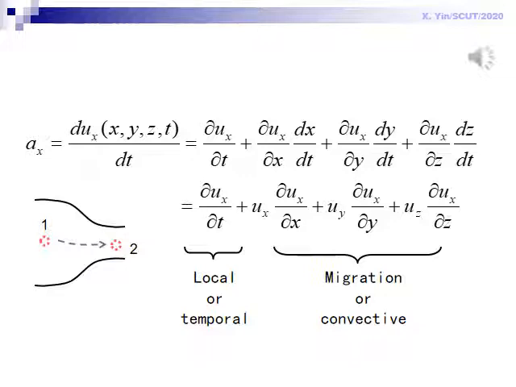They are related by the particle moving route. So, this is a derivative of a composite function, where x, y, z are functions of t. Finally, under the Eulerian method, acceleration is expressed by a combination of two parts.